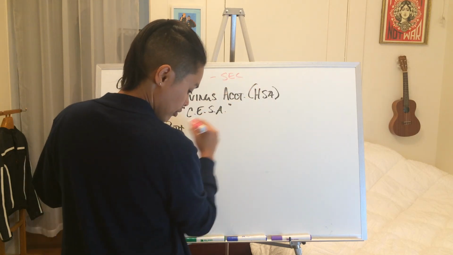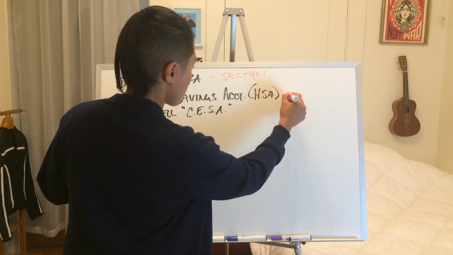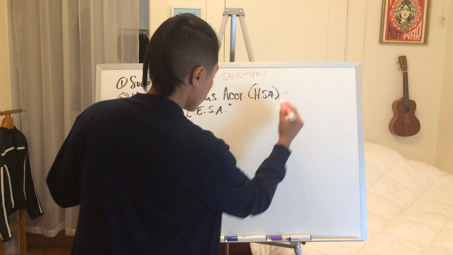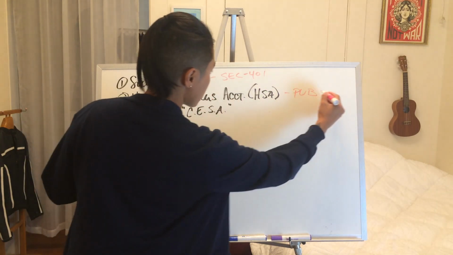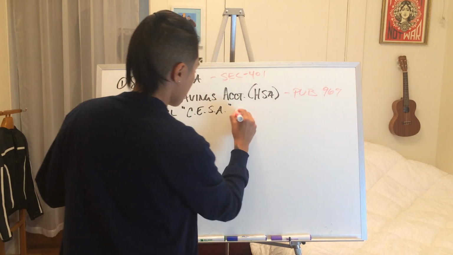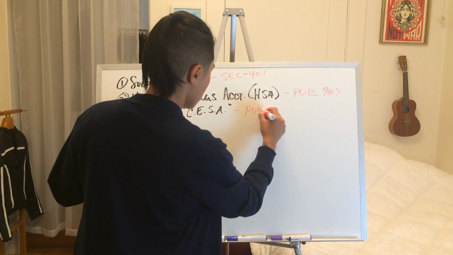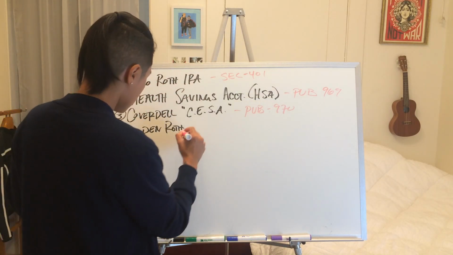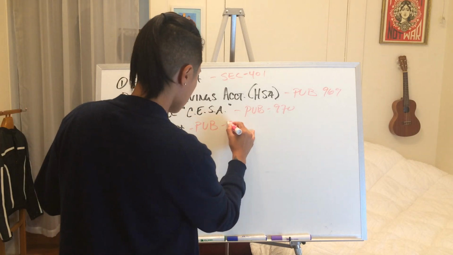SEC 401, cheat code. PUB 969. PUB 970. Golden, PUB 590.